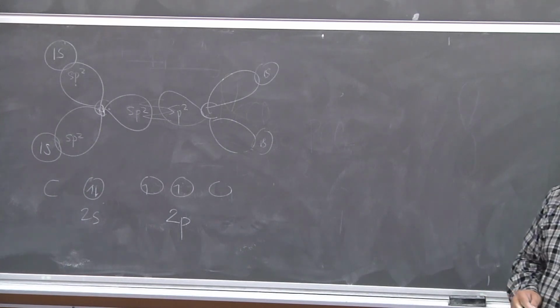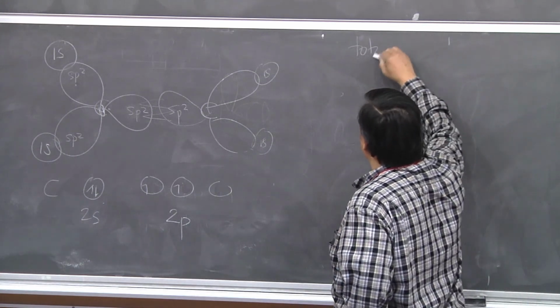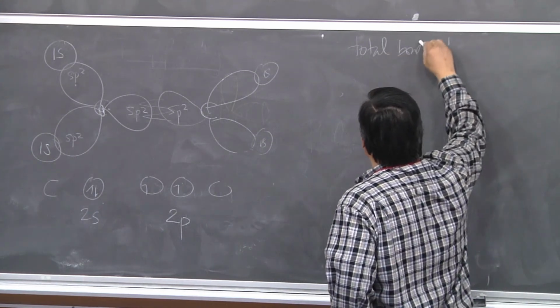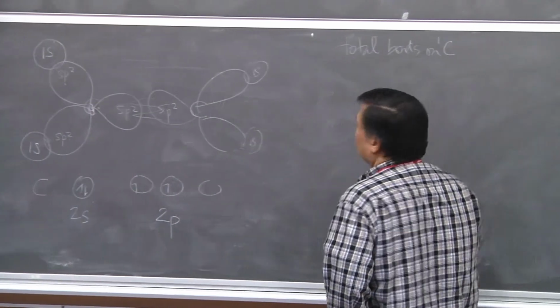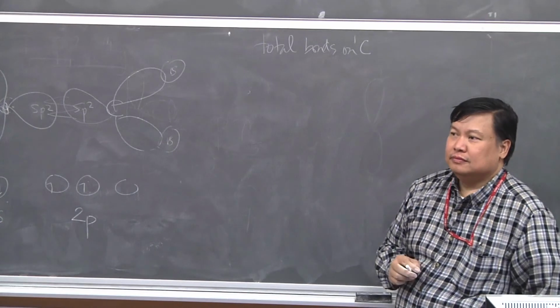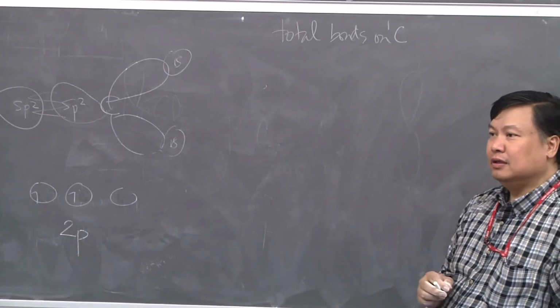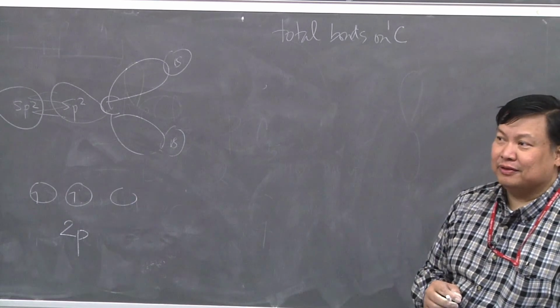But how many bonds did it make? Total bonds throughout the whole structure, on the carbon. 4 bonds. So let me ask you then, how many half-filled orbitals do I need?